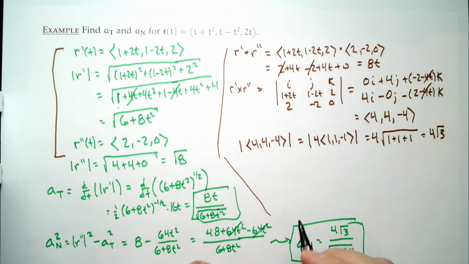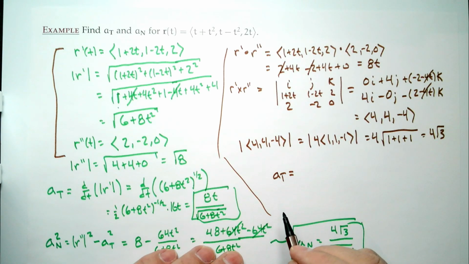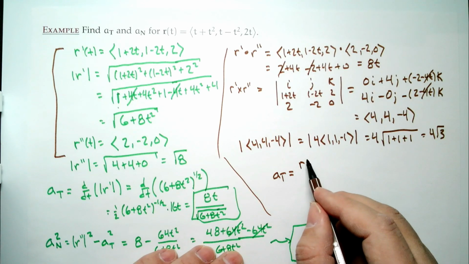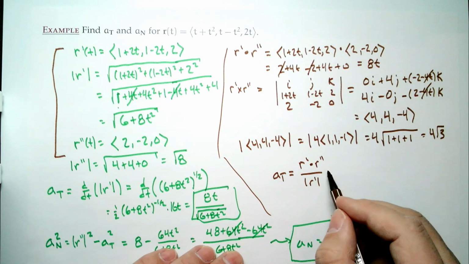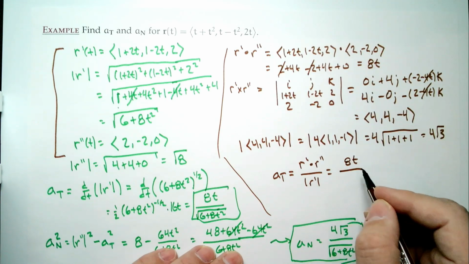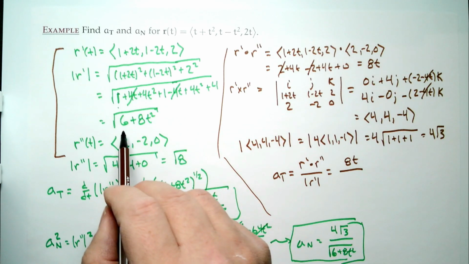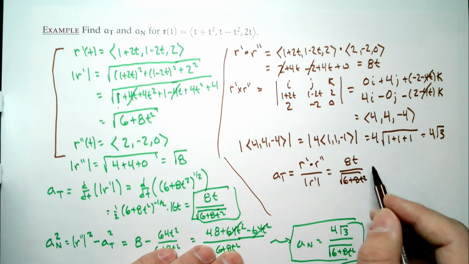Of course we have, because we know that a sub t is equal to r prime dot r double prime over magnitude of r prime, which is 8t divided by magnitude of r prime, which we found over here, square root of 6 plus 8t squared.